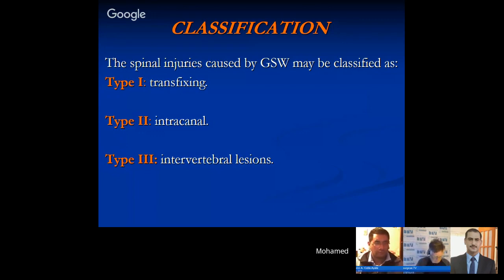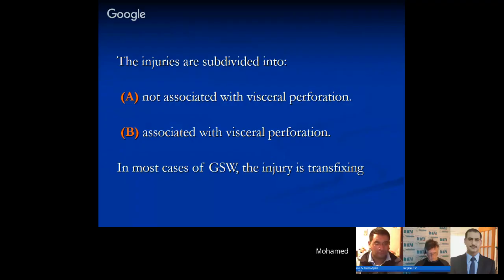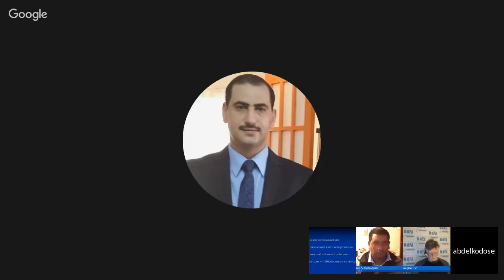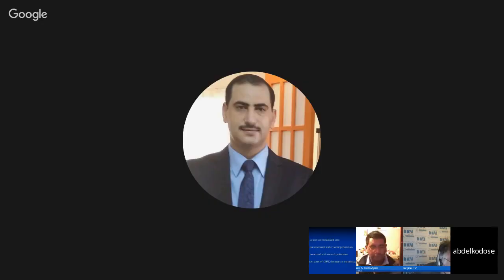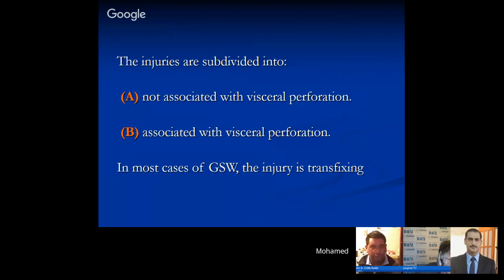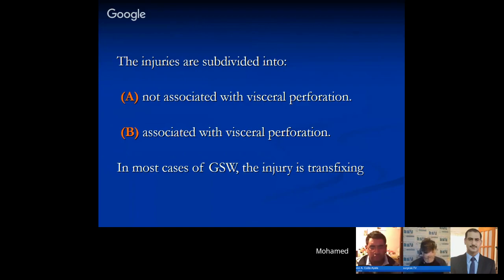Type 2 is when the bullet is inside the canal, and type 3 is when the bullet is inside the intervertebral space. These three types are also divided into subtypes A and B according to whether there is any visceral perforation or not.